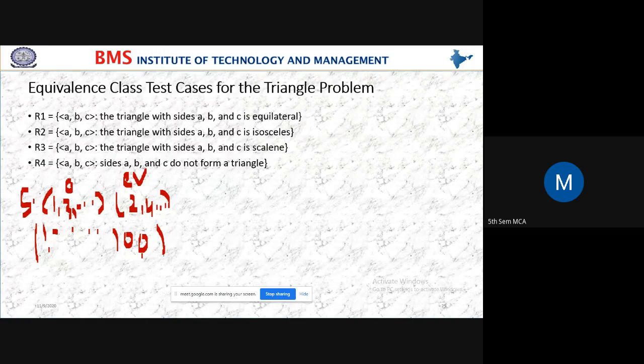This is subset 1, and this is subset 2, and U is the universal set containing the numbers 1 to 100. Subset 1 contains only the odd numbers, subset 2 contains only the even numbers. If we want to apply only even numbers, then I take the values only from S2.